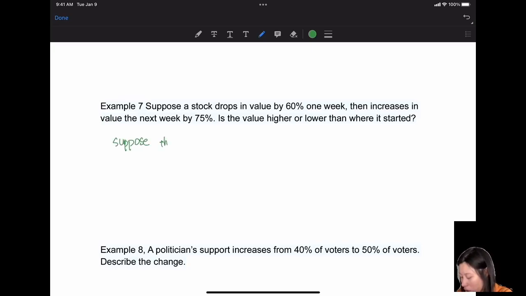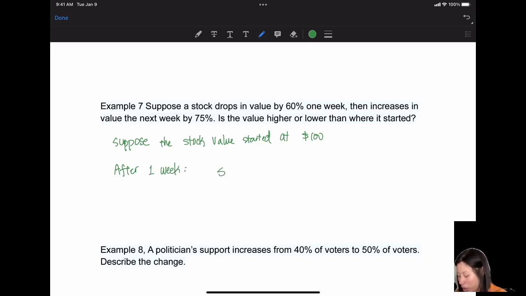Anyway, that's why I supposed the stock value started at 100. So after one week, the value dropped by 60%.